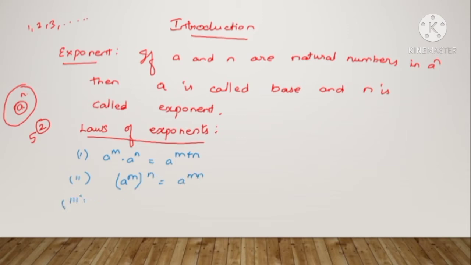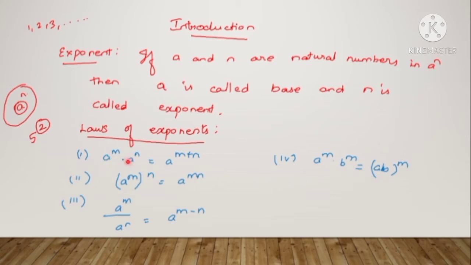Now the third law, a power m divided by a power n equal to a power m minus n. And the fourth one, a power m into b power m is equal to ab the whole power m.